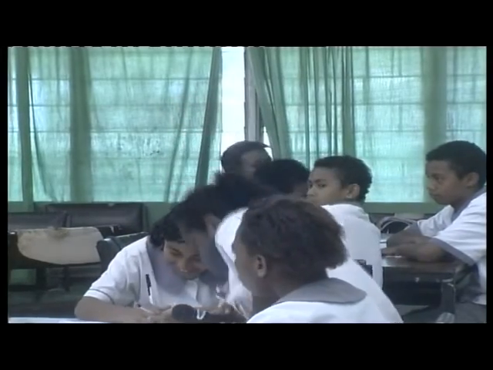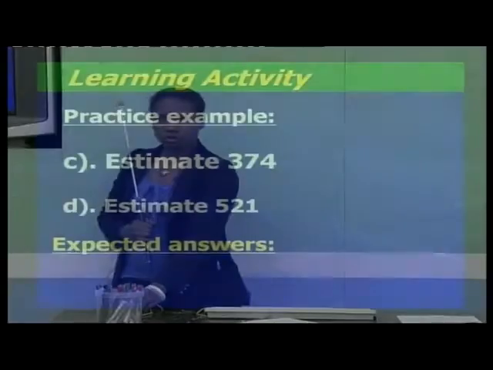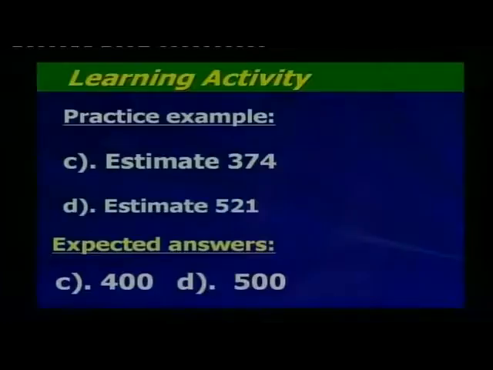Because 2 is less than 5. Okay, very good. Because 2 is less than 5, she cannot round this number up, so it remains as 5. So these are the two answers to those two practice examples.